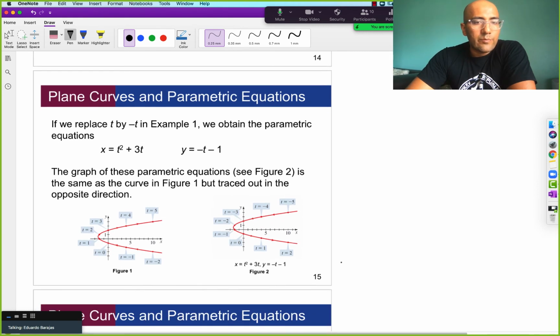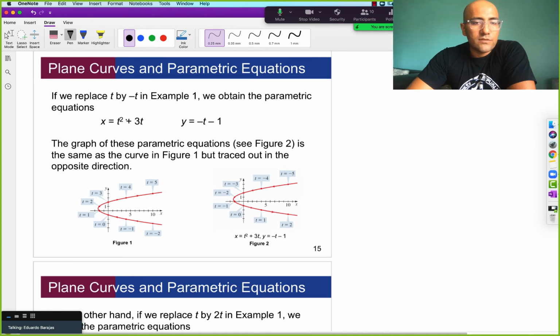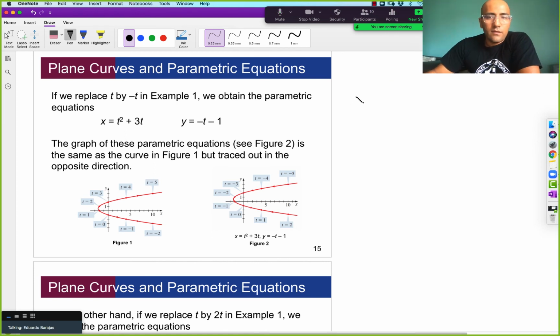If we replace t by negative t in example 1, we obtain the parametric equations here and here, right? What were the original ones? The original ones were x equals t squared minus 3t and y equals t minus 1.